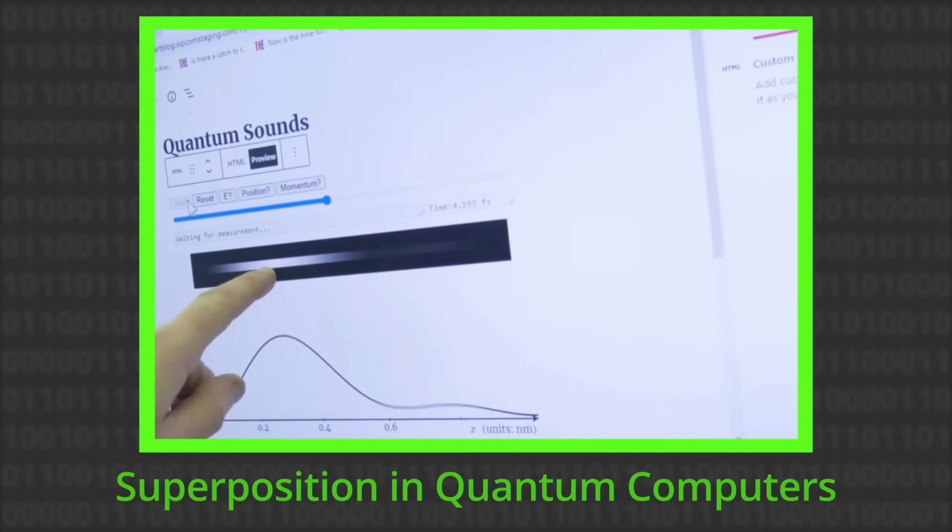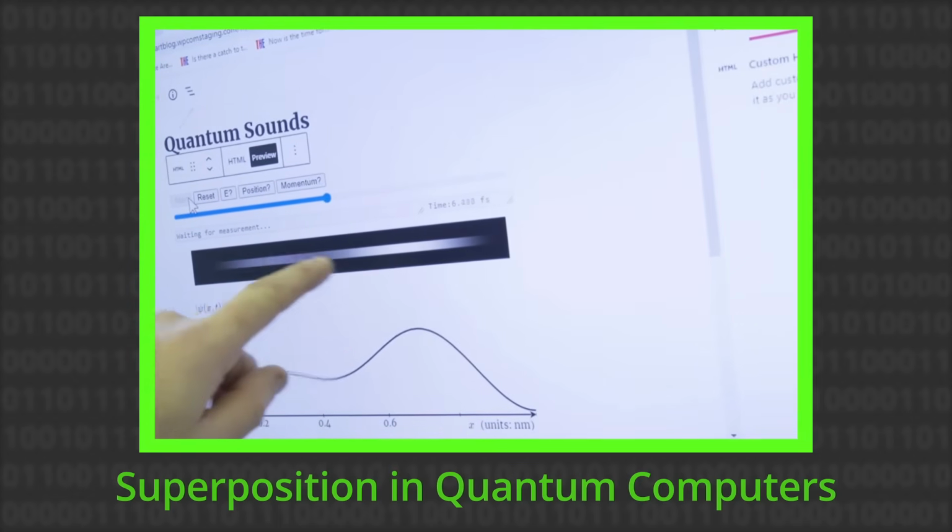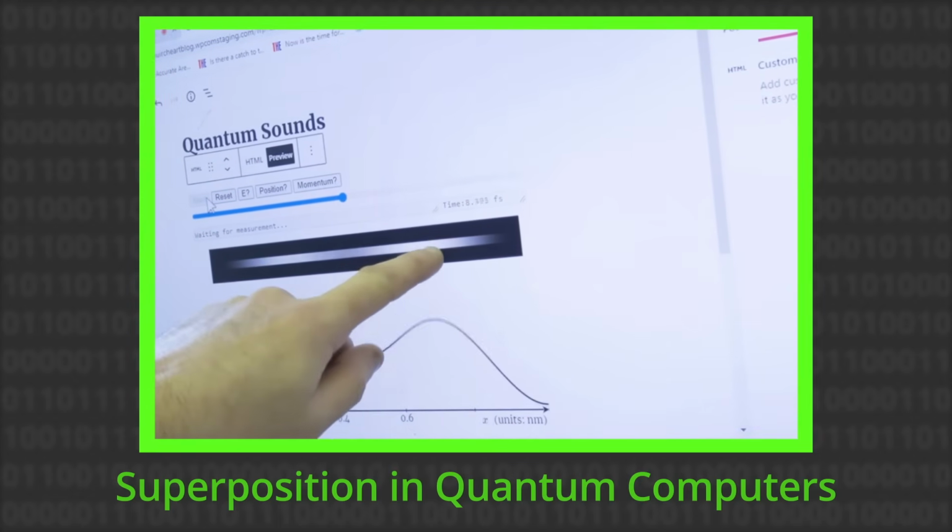And this is telling us our probability: the brighter it is, the higher the probability of finding the particle there. So we've got our trapped ion. Let's just focus on one trapped ion. We've got two states. We can change the probability for finding the ion in this state or this state. And the way we change that probability is to fire microwave pulses.